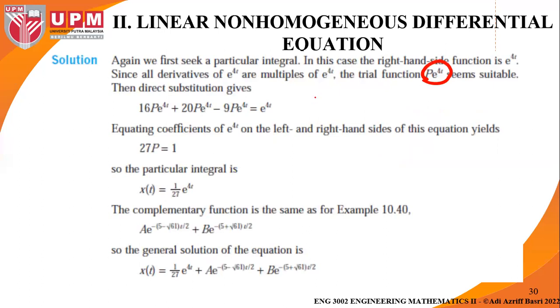First differentiation of p exponent 4t for xt: dx over dt becomes 4p exponent 4t. Then d square x over dt square, differentiating a second time, we will get 16p exponent 4t.